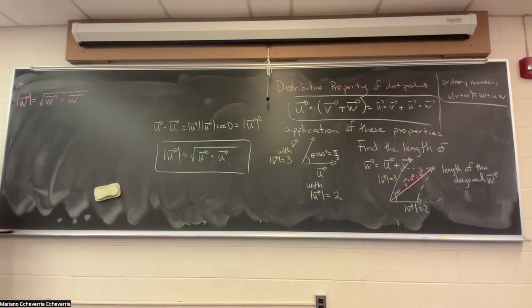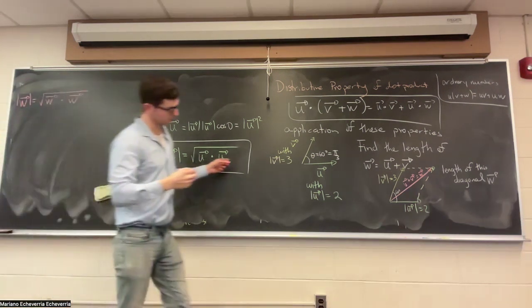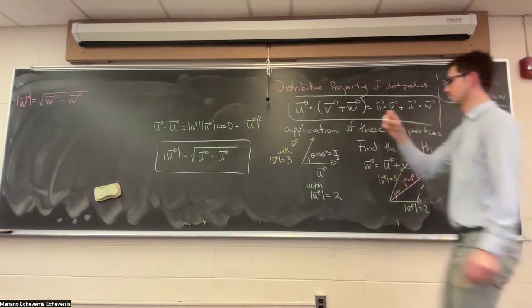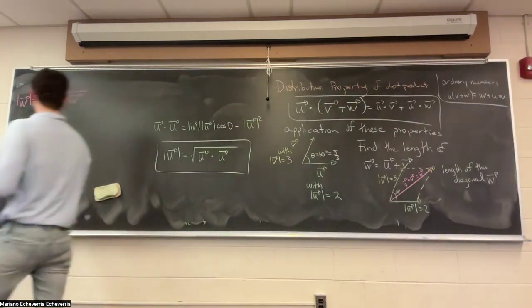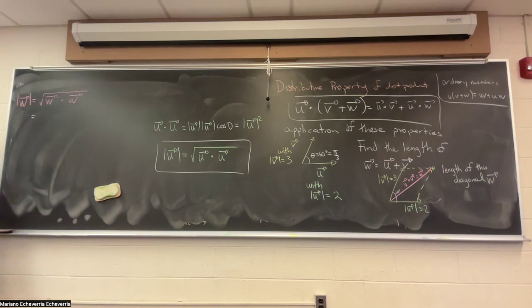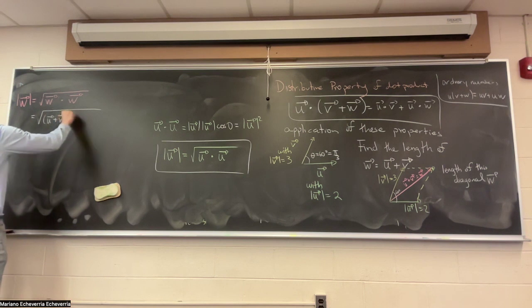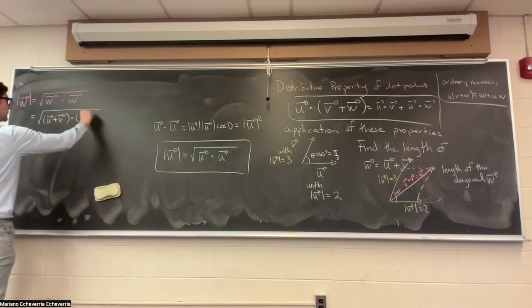I'm just applying that property for the sum, using the second property here. But what is W? W happens to be u plus v, right? So let me put here the square root of (u plus v) dot (u plus v).